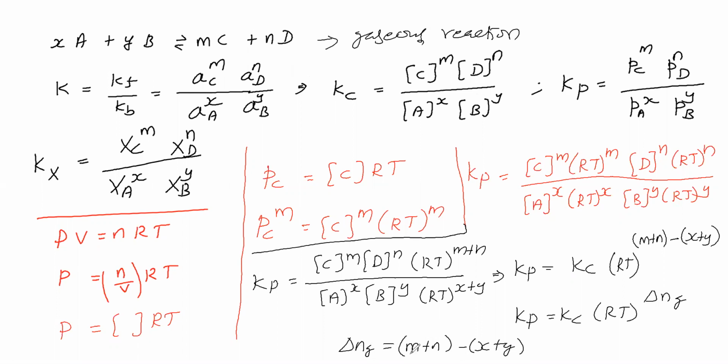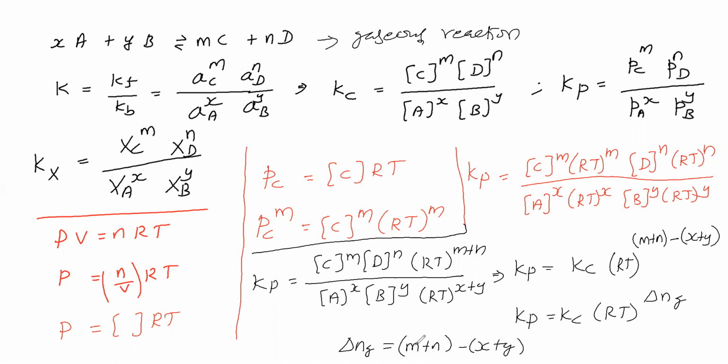M is the number of moles of gas C, and N is the number of moles of gaseous D in the stoichiometric equation. This M plus N is on the product side, the right side, and X plus Y is on the left side.